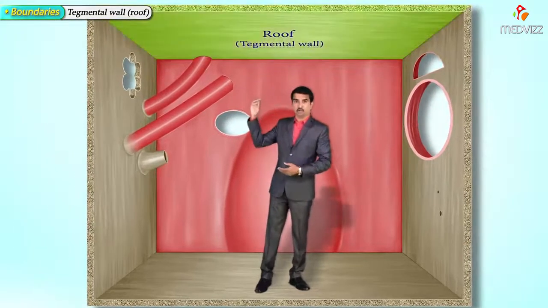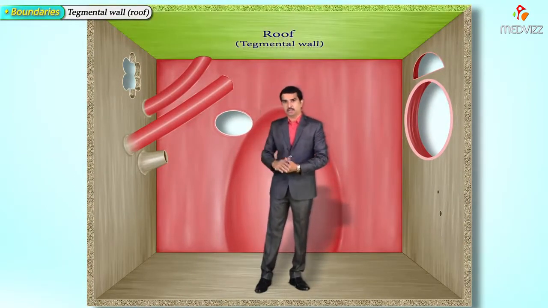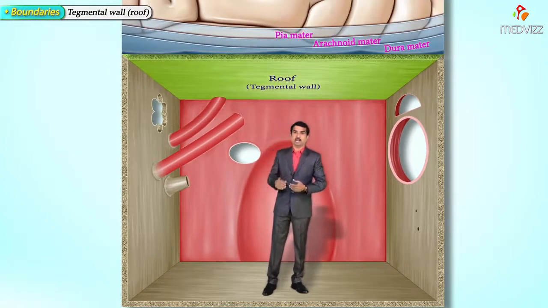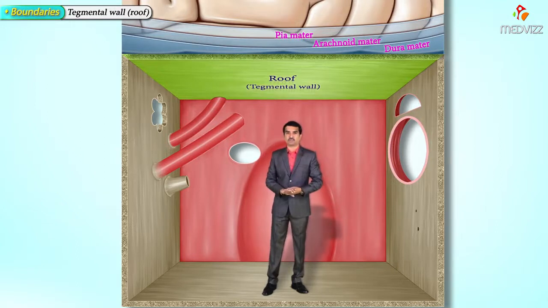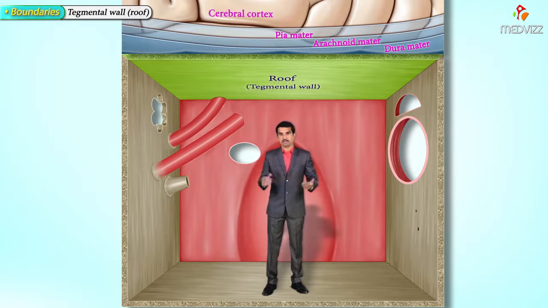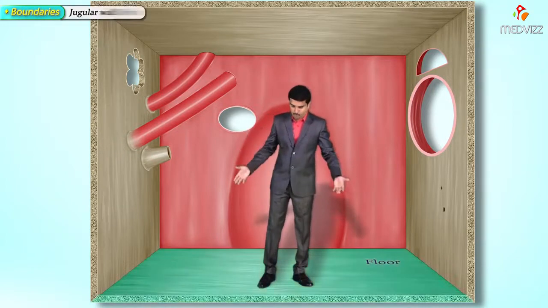This roof separates the dura mater, which lies at the floor of the middle cranial fossa, from the tympanic cavity, and above that you can see the cerebral cortex.